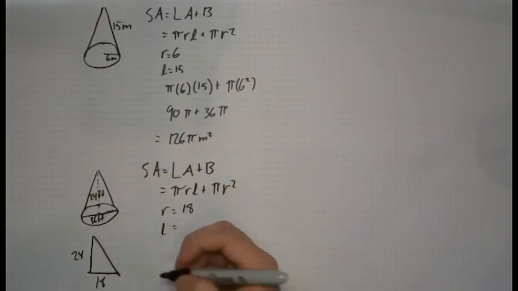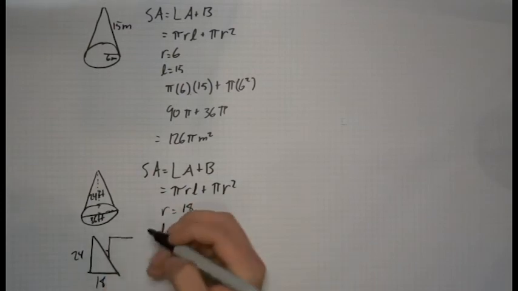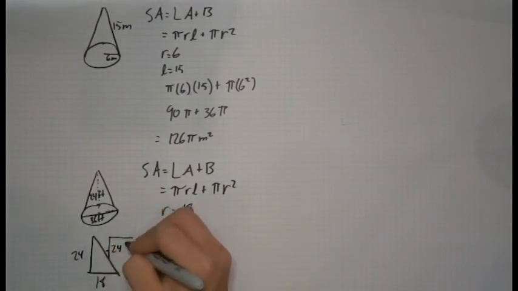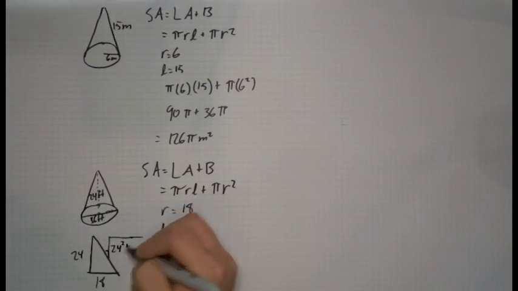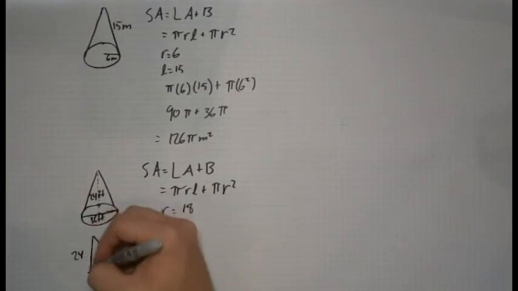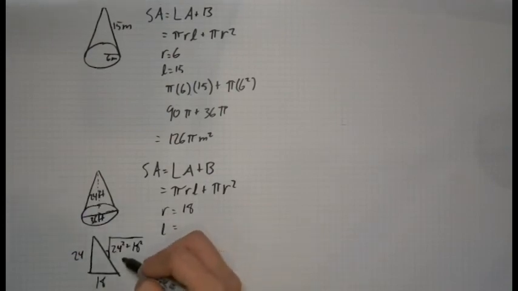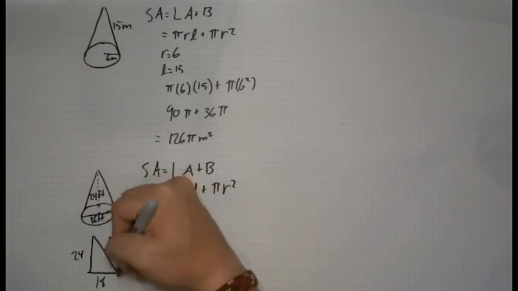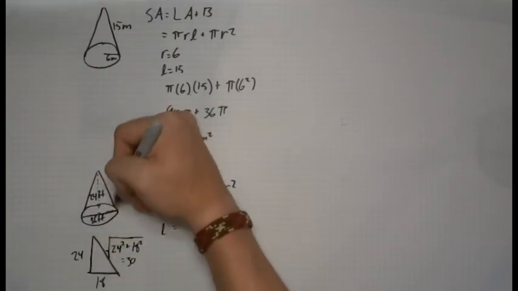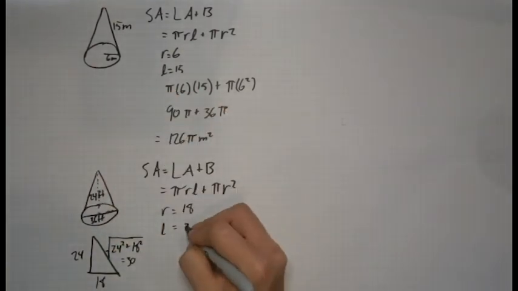So we're going to use the Pythagorean theorem. The square root of the sum of this one and this one, so 24 squared plus 18 squared. And when we plug this into our calculator, we actually get that this is 30. So our slant length, which is this part right here, or this part right here, is 30.